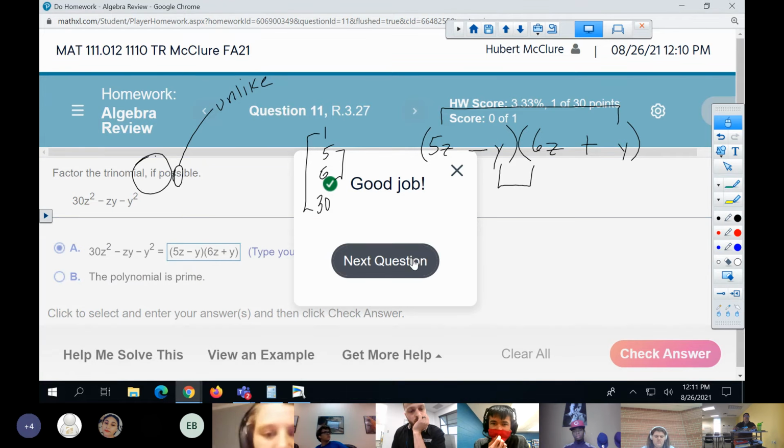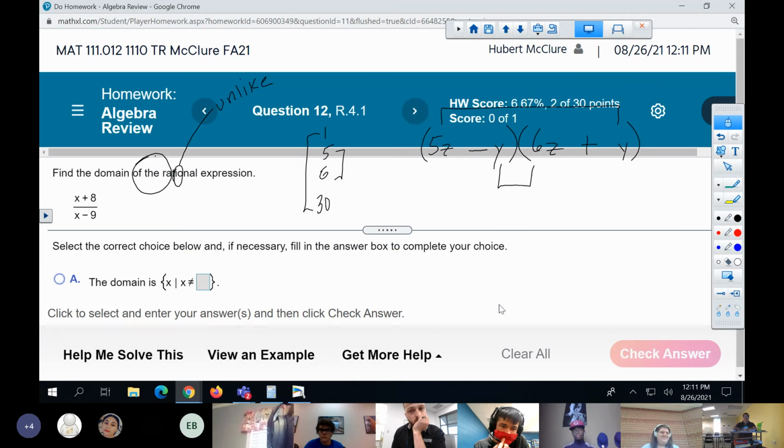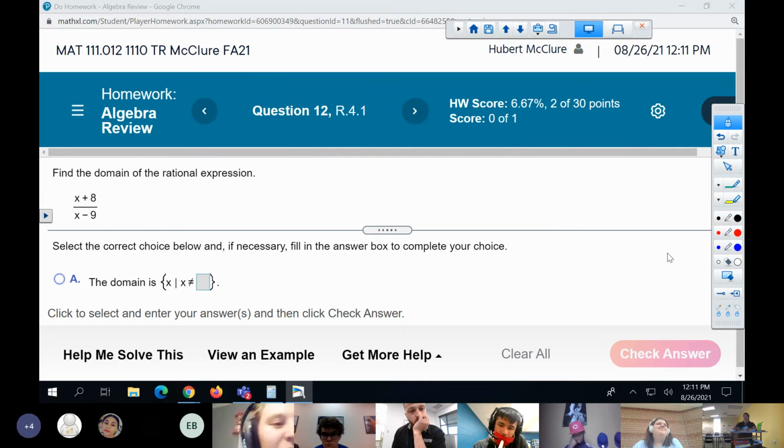So we don't put $10,000 worth of equipment in a $1,000 car. Another indicator. All right, let's go to another one.